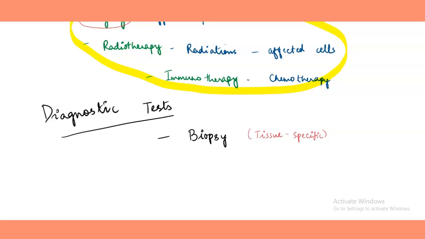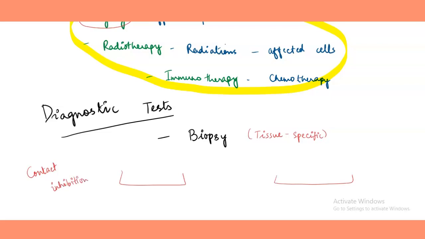So in biopsy, from the suspected area where cancer is expected, tissue is taken and it is grown in culture, means it is grown in the nutrient medium. Now see, a very important property of the normal cells of our body is that they show contact inhibition.